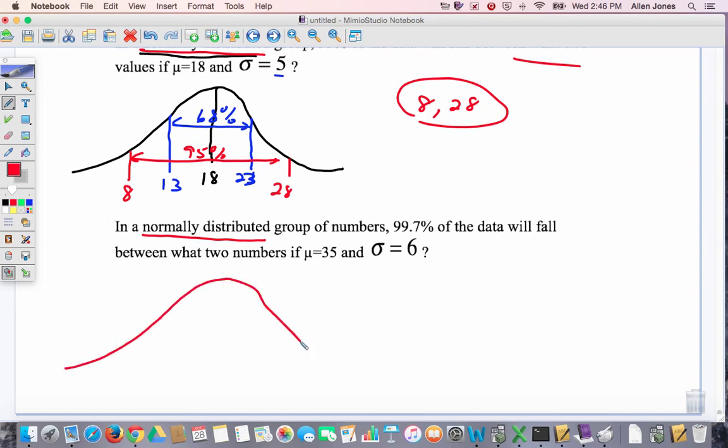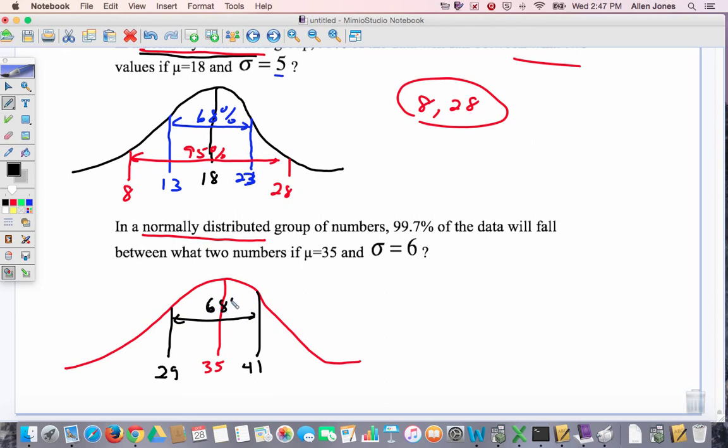We have a second example of that here. Again, notice the phrasing, in a normally distributed group. So I'm going to start the same way and sketch that curve, putting our mean right down the middle. In this case, our mean is 35. And then plugging in our percentages. If I go up one standard deviation, my standard deviation is 6, so 35 plus 6 is 41.